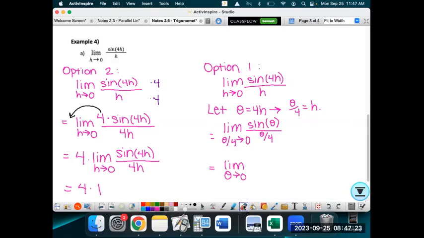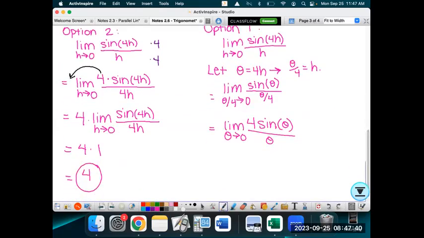That is the same thing as multiplying the entire fraction by 4. But instead of having the 4 on the inside, I will multiply it to the outside using that constant multiple limit law. And through a different technique, I still get 4 times 1, which is 4.